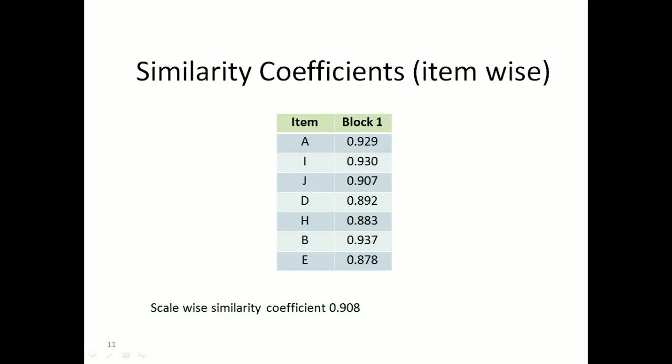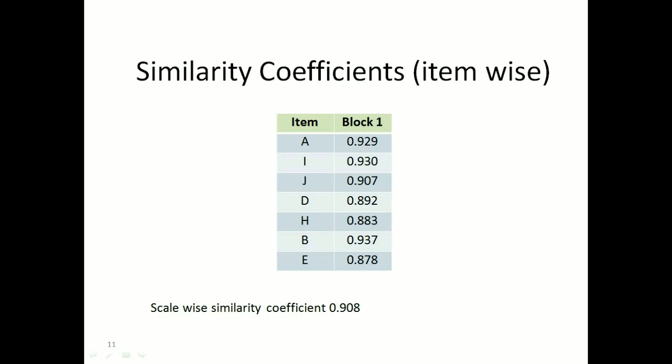And what we've done here is we've eliminated the second group, the negative grouping, which was related to the legalistic attitudes, and we've put together all of those very highly correlated indicators. Here we have a scale-wise similarity coefficient of 0.908.